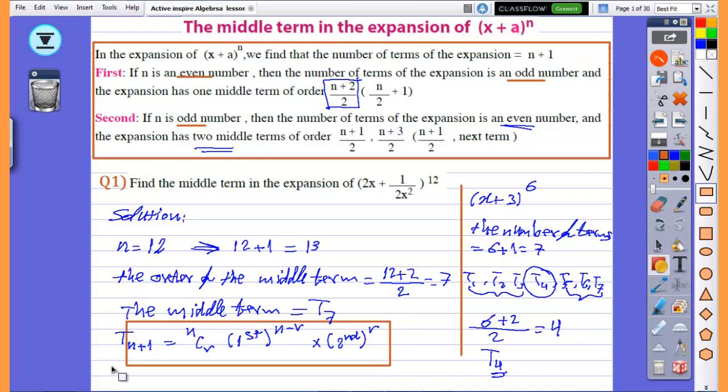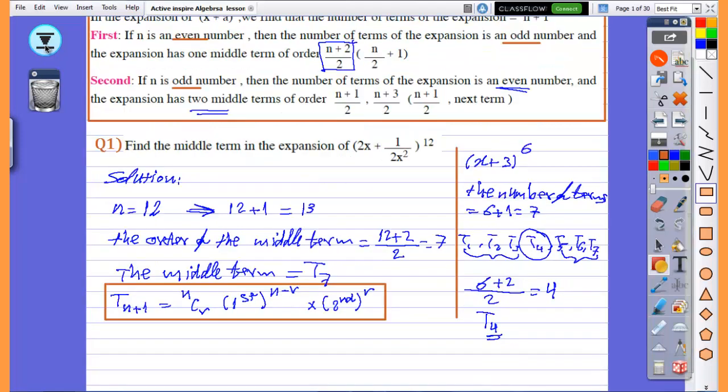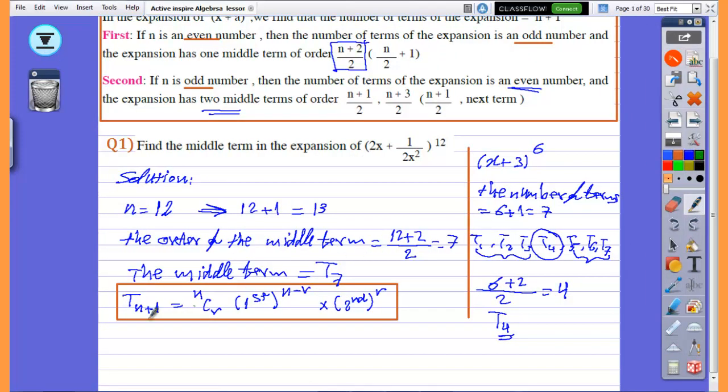Here, T7, this is the middle term, equals T(6+1). So r equals 6 and n equals 12.